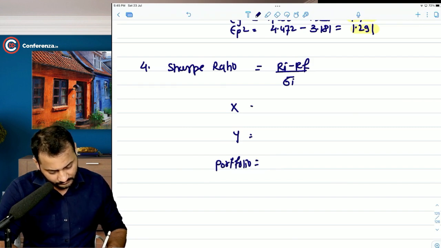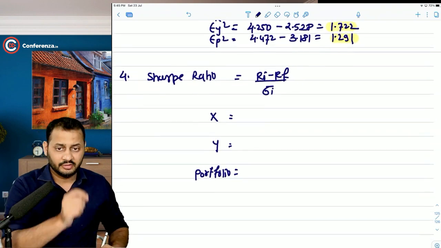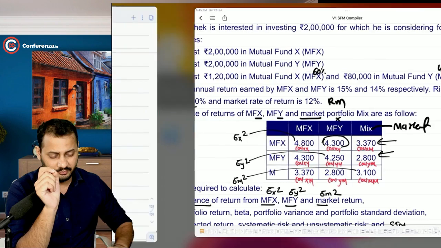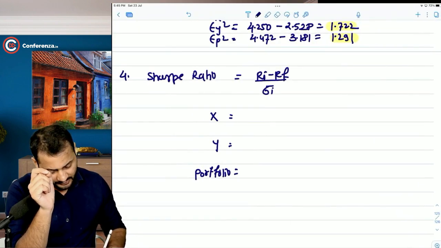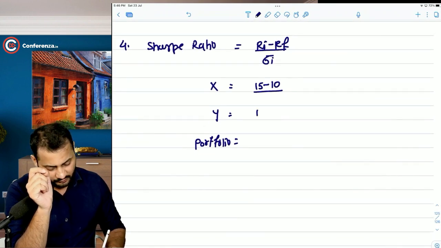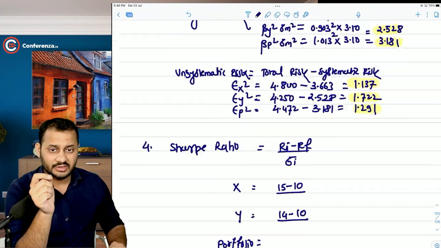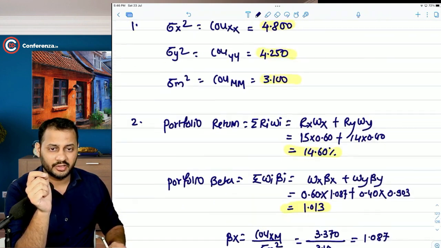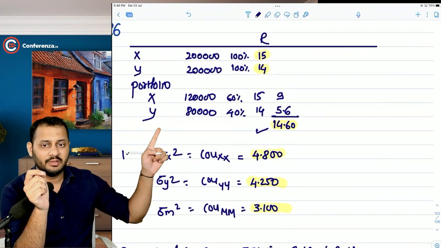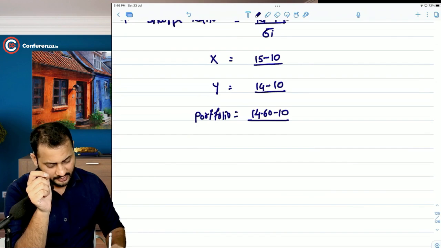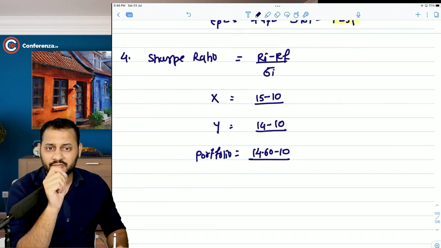So what is the return of security X? It's already given in the question, 15%. 15% is the return of security X, risk-free rate is 10%. 14% return of the security Y, risk-free rate 10%. What is the portfolio return that we had calculated in the beginning? It was 14.6%. So 14.6 minus 10 divided by, what do you think will come in the division?